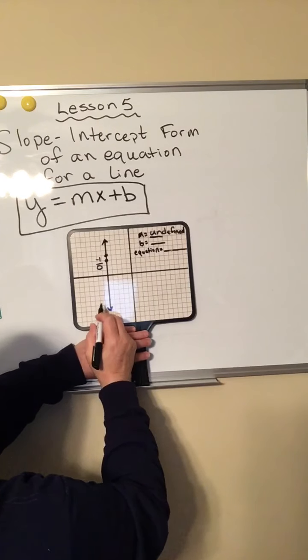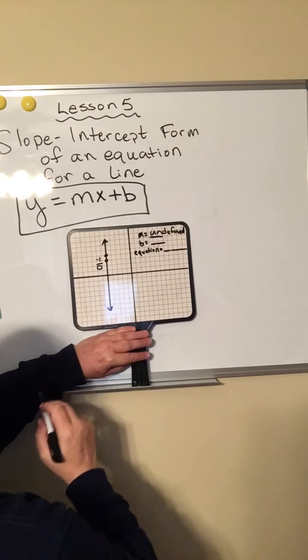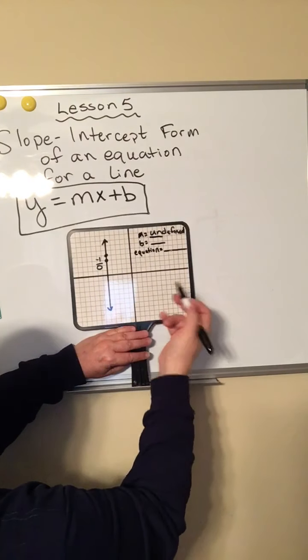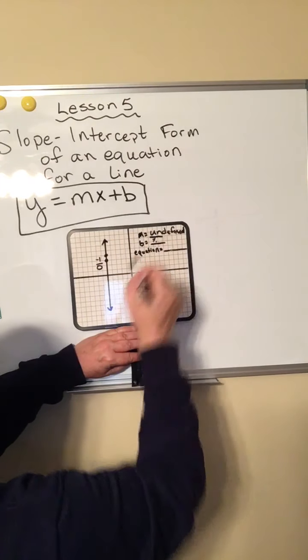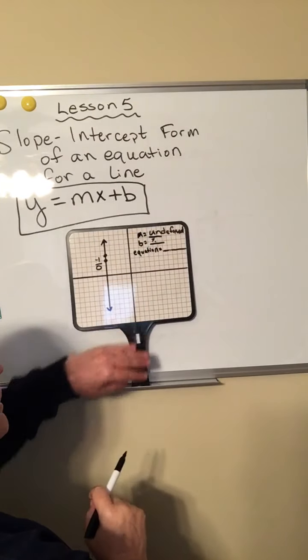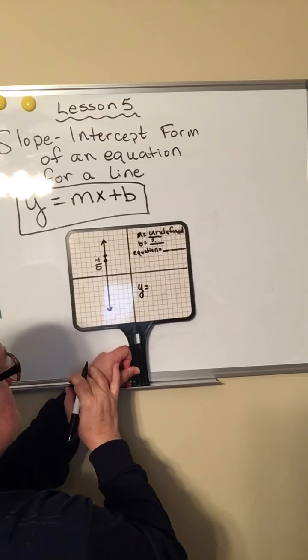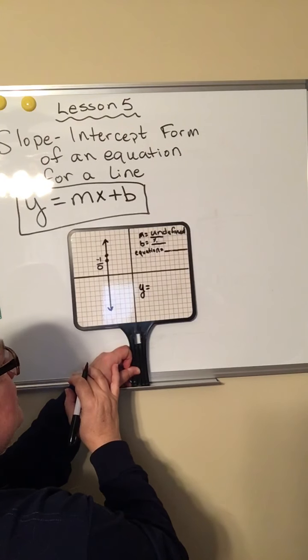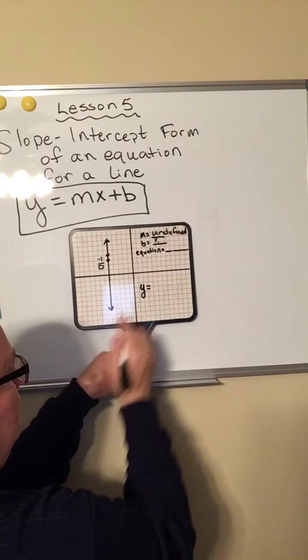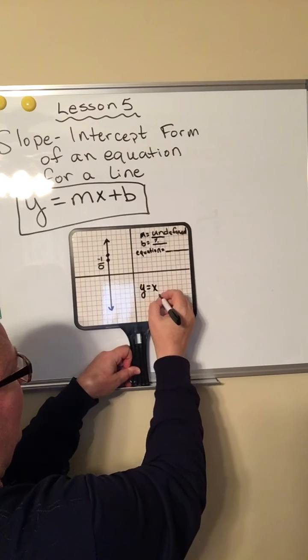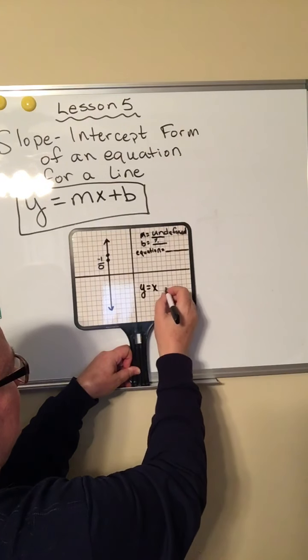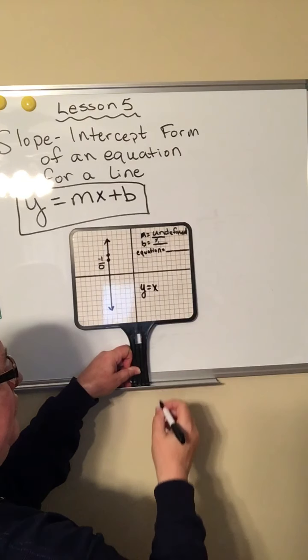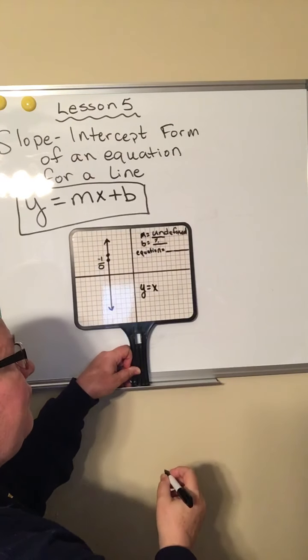Let's see, where did it cross the y-axis? Well, it's not going to cross the y-axis. So how are we going to write an equation? Well, we got y equals, it's undefined. There is no m. x, there is no b. What are we going to do?